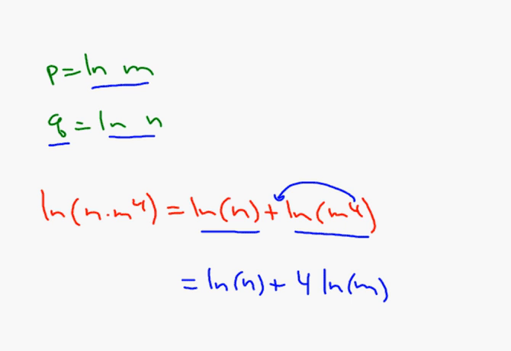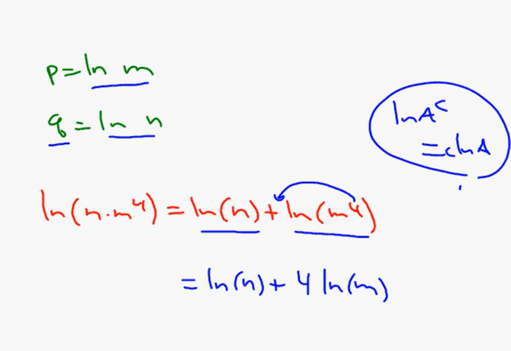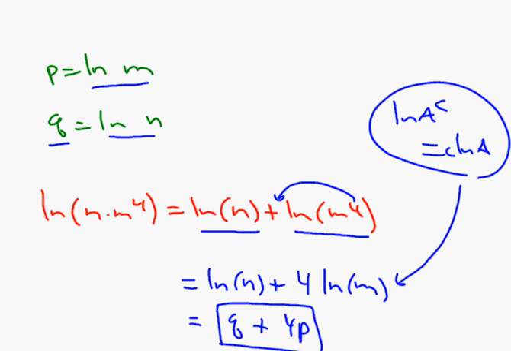And now we're all right, because that was the third rule, right? The rule that says the ln of a to the c power is c times the ln of a. That's what we just used here. And we can actually sub in what we know. So ln of n is equal to q, and the ln of m is equal to p. So that's it. We've achieved our answer because our answer is written in terms of p and q.